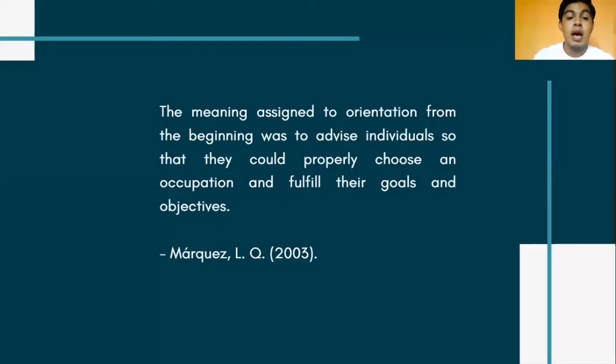And finally, we have Marquez in 2003. She says the meaning assigned to orientation from the beginning was to advise individuals so that they could properly choose an occupation and fulfill their goals and objectives. And that's why the teacher has a great role in the learning and goals of the students.